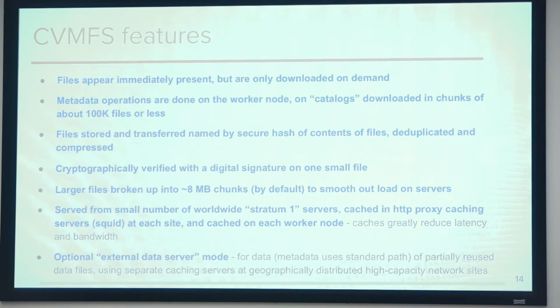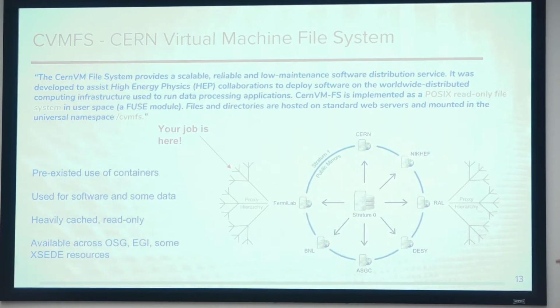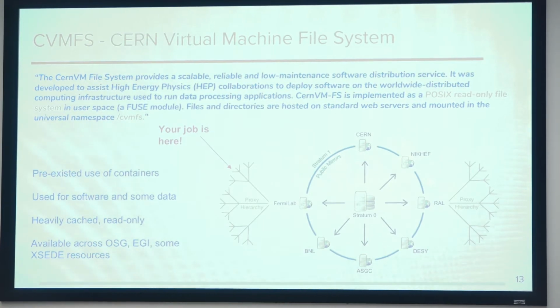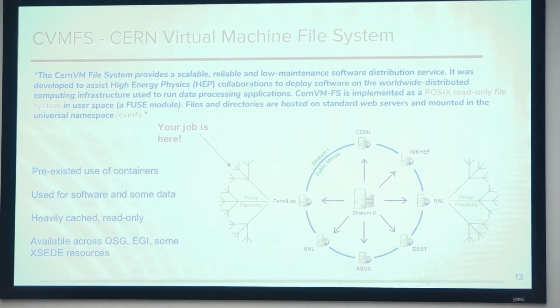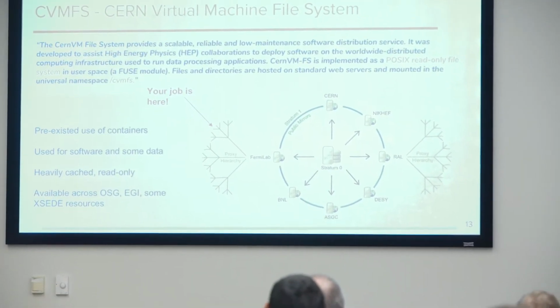And they also get compressed for storage at the Stratum 1s I showed previously at major sites. That's where we keep a copy of everything. Copies get kept at a couple of sites per continent, basically, and there it's all stored compressed and deduplicated.